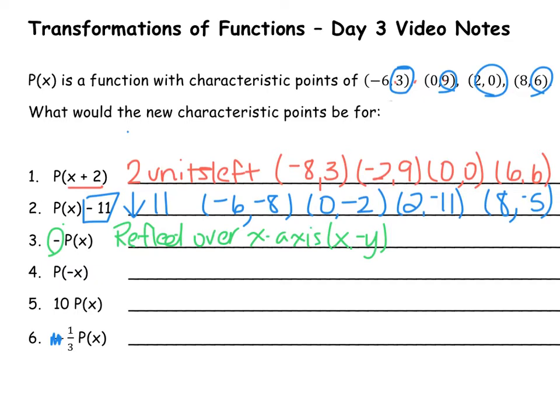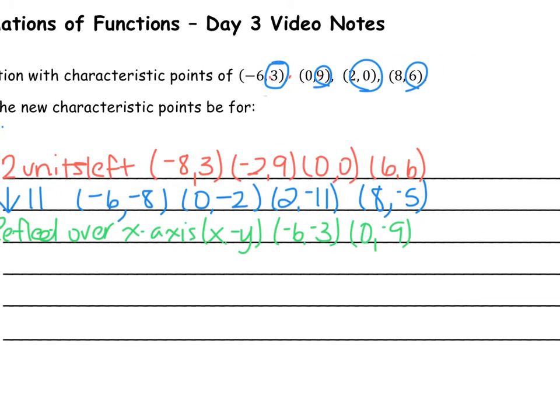So going back up to our function, negative 6, 3, our x value is going to stay the same, and our y value becomes the opposite. So we end up with negative 6, negative 3. The second one will be 0, negative 9. Remember, it's x, negative y. So in 2, 0, the x stays the same, and negative 0 is the same thing as 0. And finally, we have 8 and negative 6. So this transformation will reflect it over the x-axis.